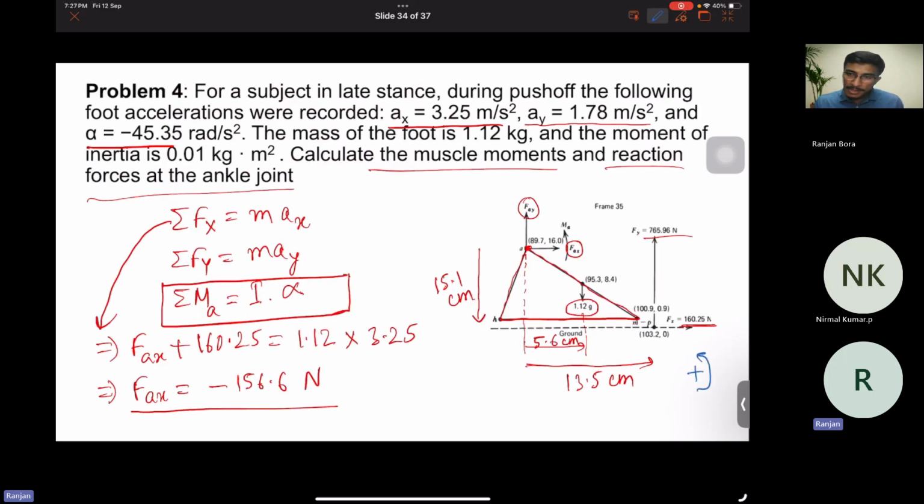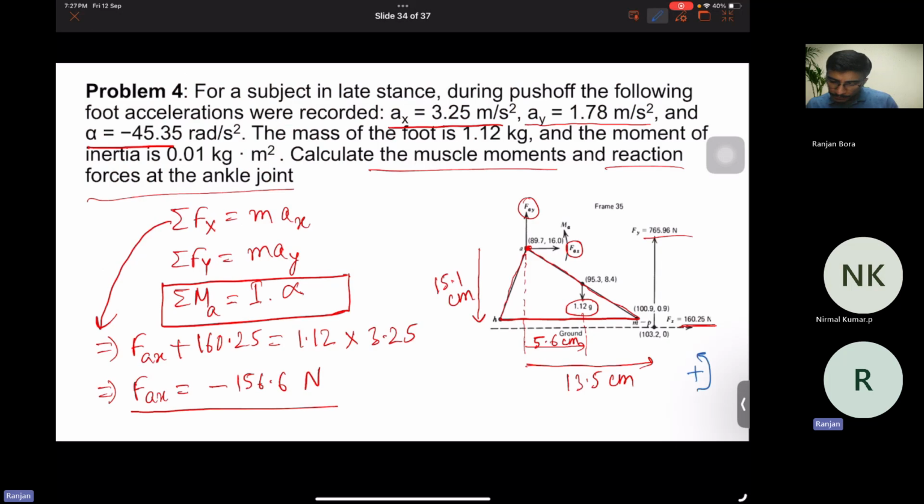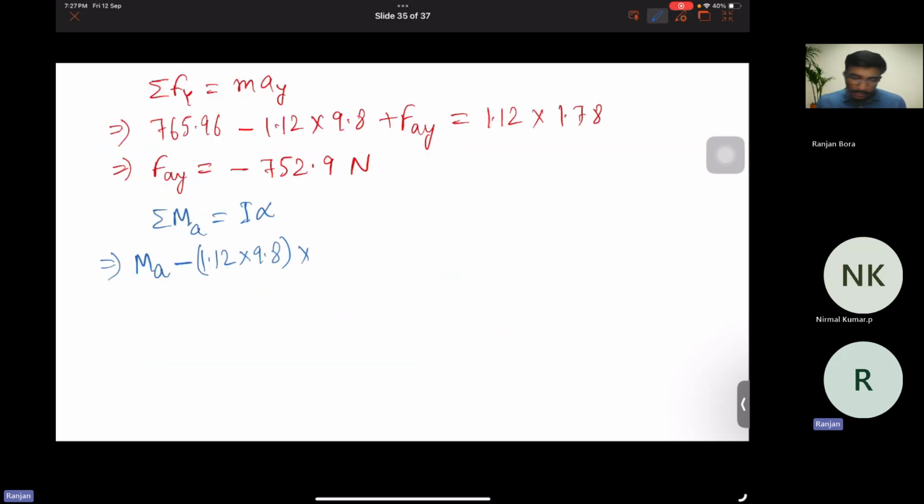and this 1.12 kg is producing moment in the clockwise direction, at a distance of 5.6 centimeter. So it is minus 1.12, we need to convert into Newton, 1.12 into 9.8 into 5.6, we'll write in meter, sorry.